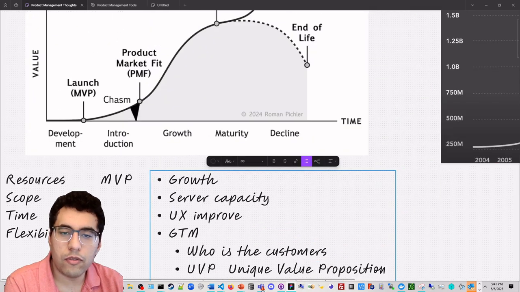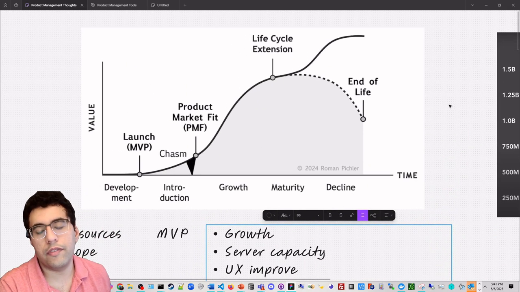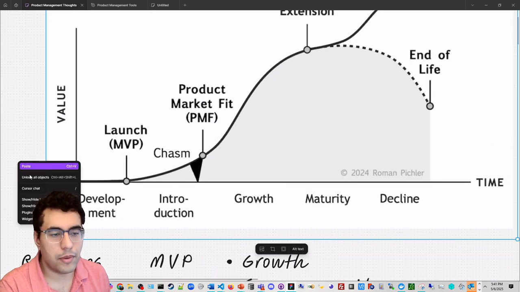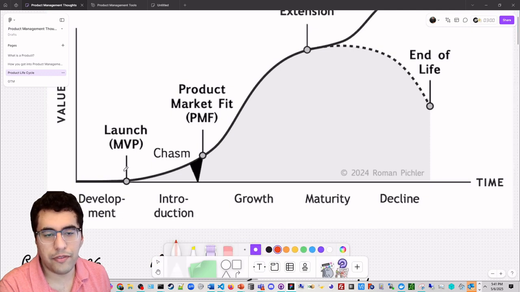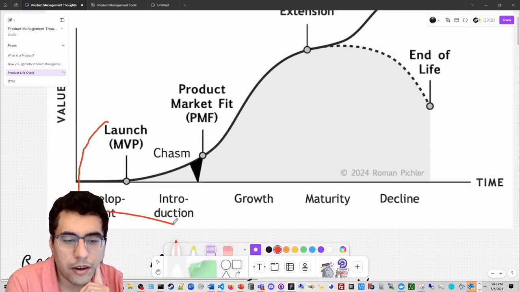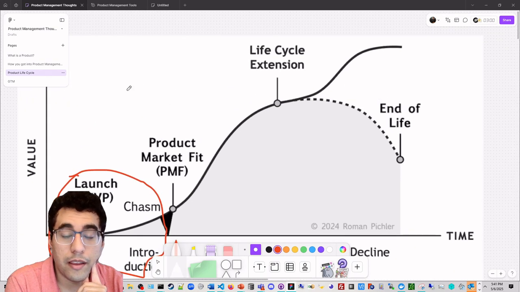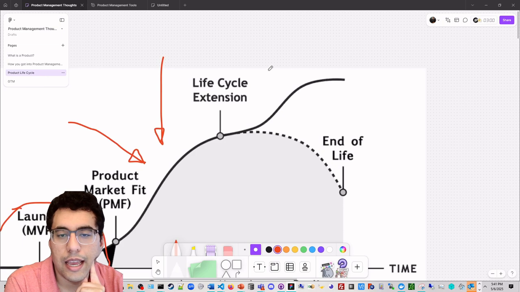But once you have a lot of growth with a product, and depending on the company you join, if you start a startup, right, you're going to, let me bring up my marker here. Choose red. If you're a startup, you're somewhere over here most of the time. If you join a mature company, somebody that's been around for 20 or 30 years, they're usually going to be in the growth phase and even possibly in the maturity phase.